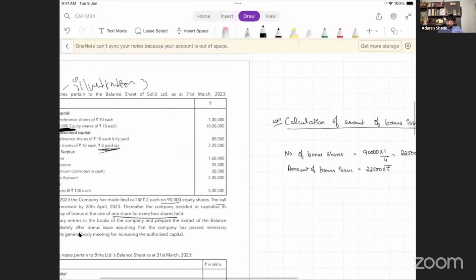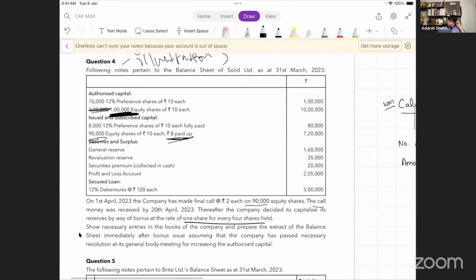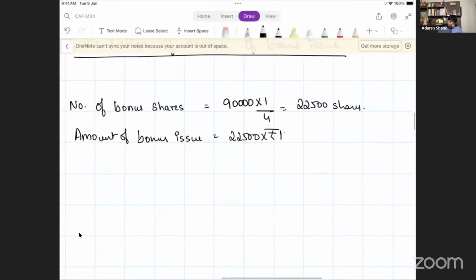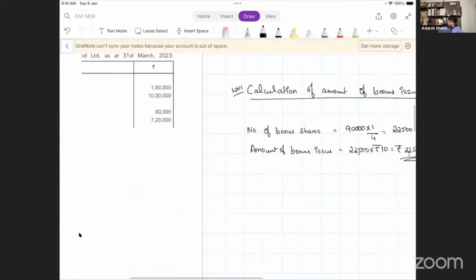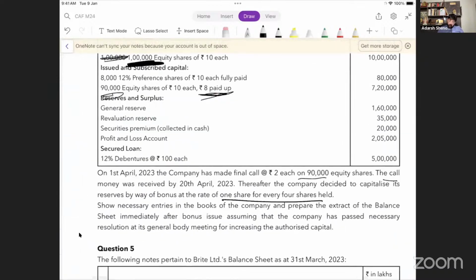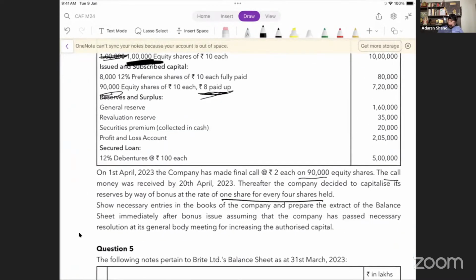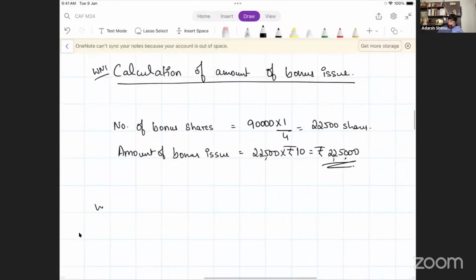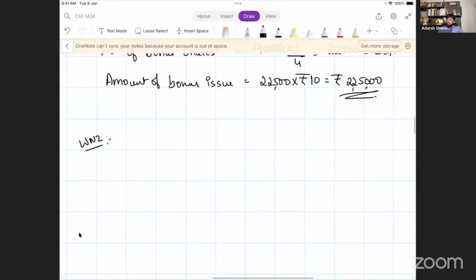Now let's start. One more working note I will do, and then I will go to the journal entries. Authorized share capital.